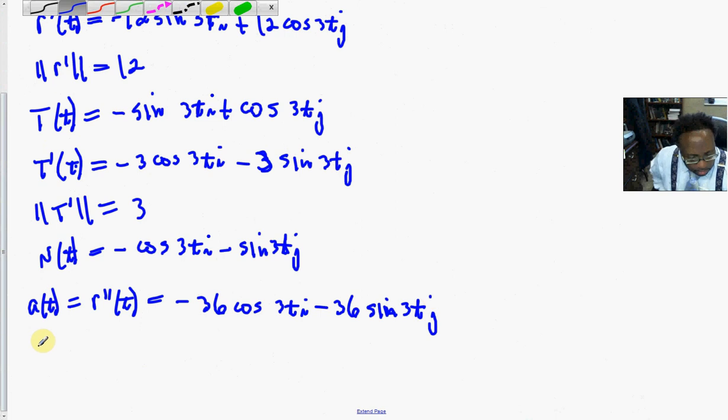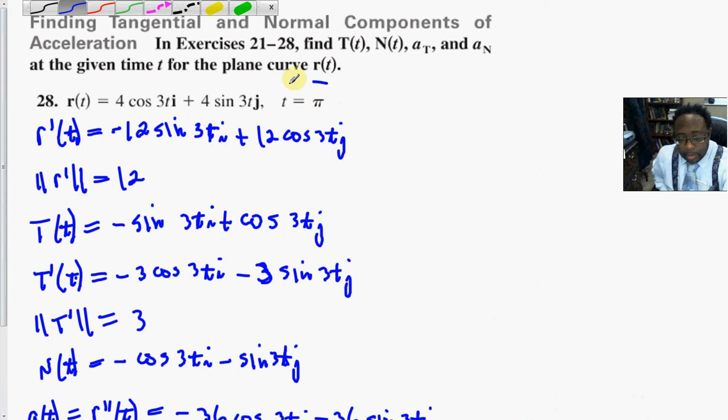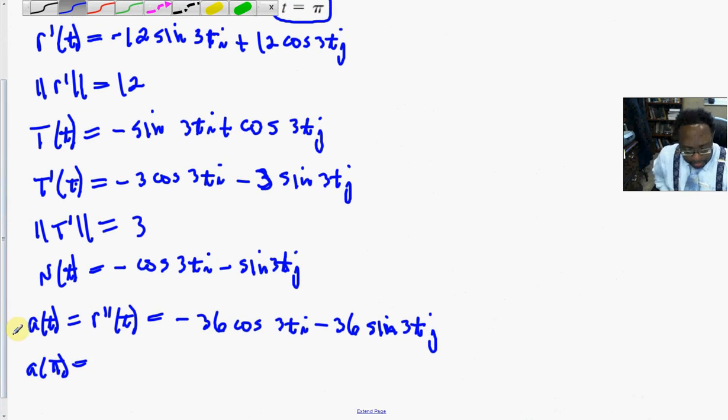So a of pi, the acceleration evaluated at pi, right? We just find everything at pi.